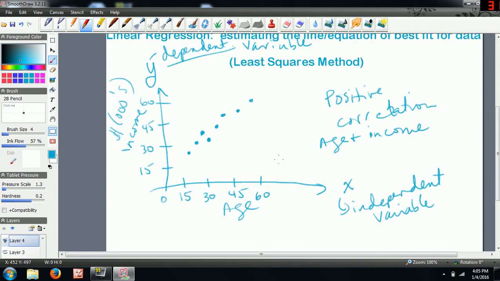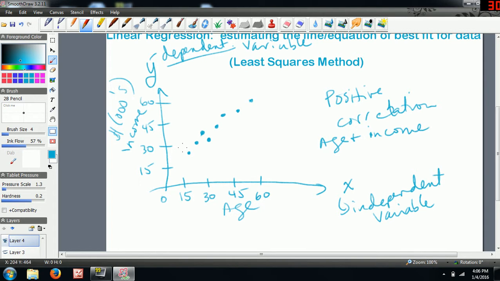If it was just scattered all over the place, then that would be no correlation, so you kind of have to see how the data is. If the dependent variable decreases as the independent variable increases, then that's a negative correlation.